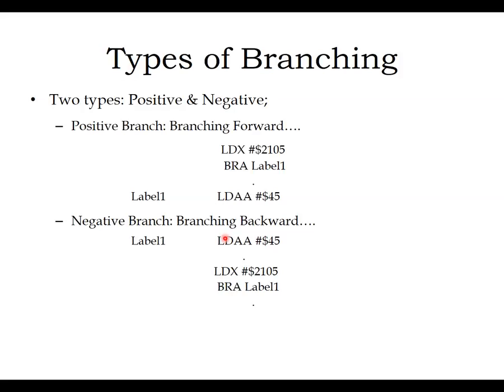But there can be negative branching. Let's say, for example, you are in line 20, and you said, okay, can you go back to line 10? So that's like a negative branching. You are going backward. Now, both of these are possible based on your need, but you might be wondering why we are going backward. In some cases, that is true because you might be running a loop. You might want to run the same line 5 times, right?